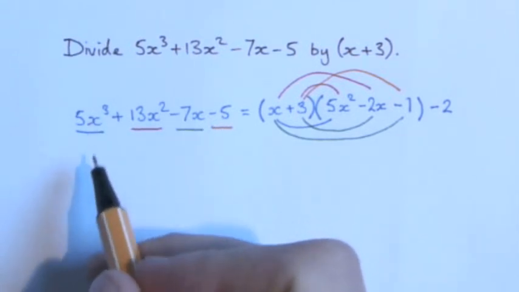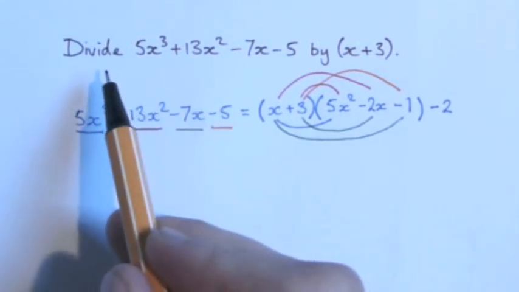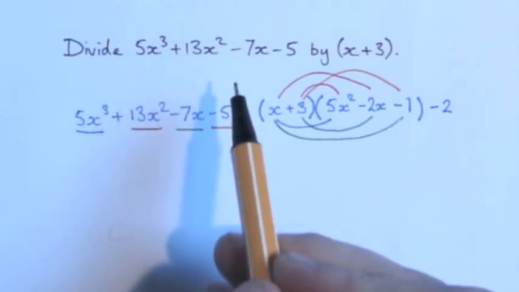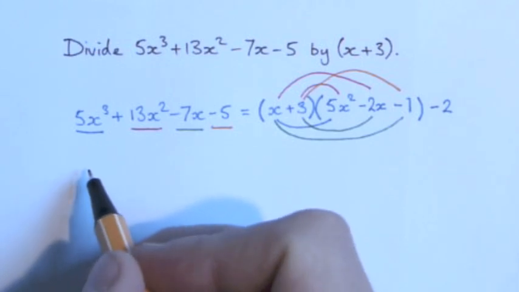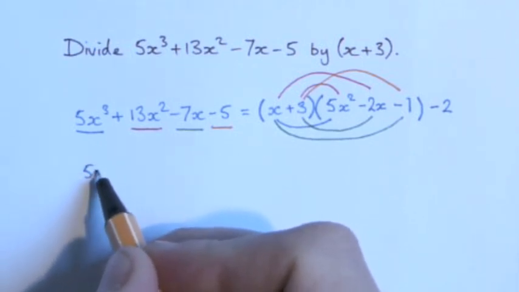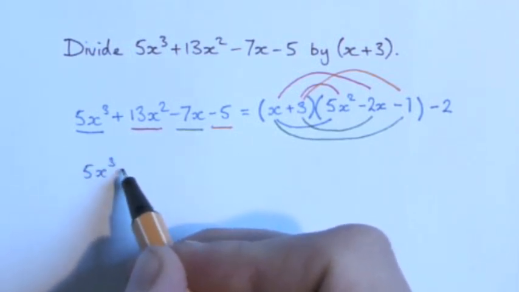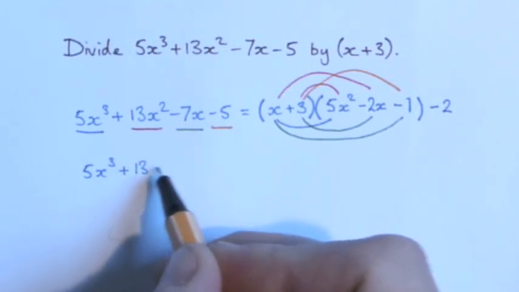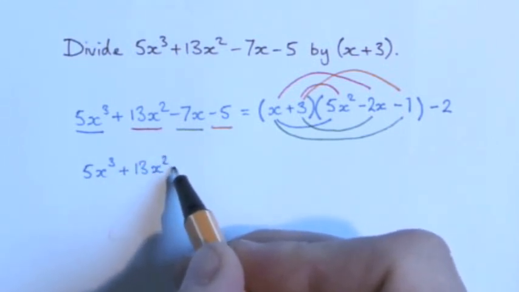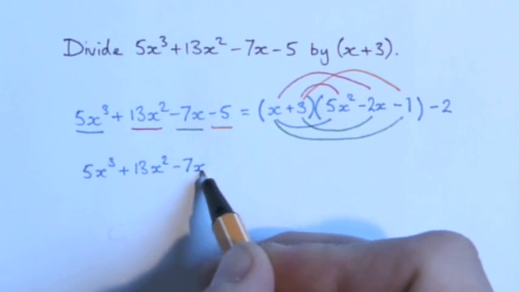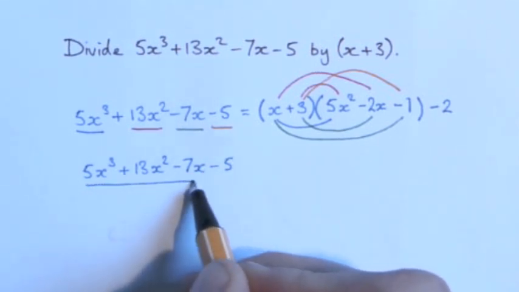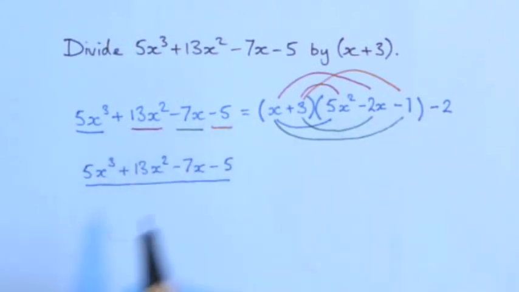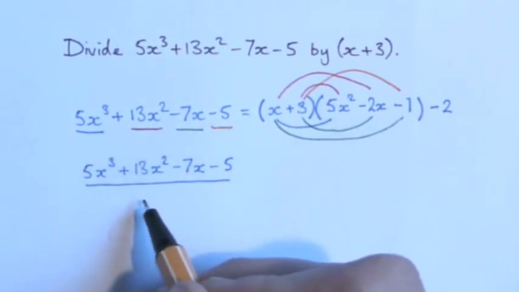So to answer the question that I was asked, to divide 5x cubed plus 13x squared minus 7x minus 5 by x plus 3, let's just do a little rearrangement and say that 5x cubed plus 13x squared minus 7x minus 5, and we're going to divide both sides of this equation by x plus 3.